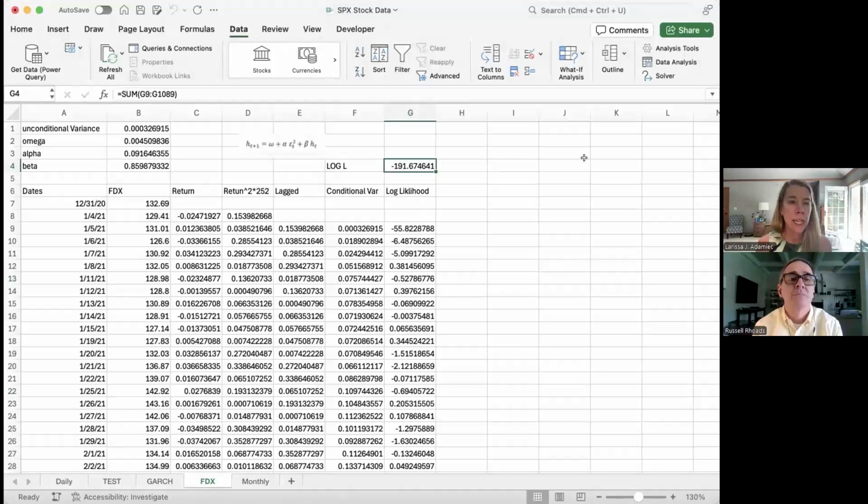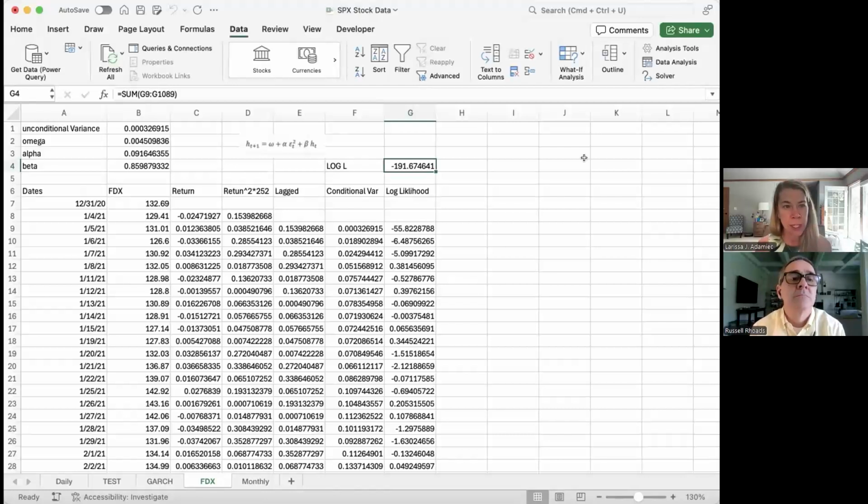So now we have our function. So we are going to say that tomorrow's volatility will be 0.0045 plus 0.09164 times yesterday's return squared times 252, the day behind, plus the beta times yesterday's conditional variance.